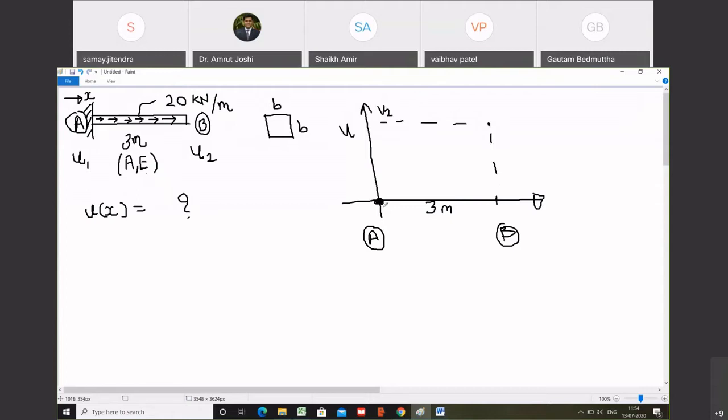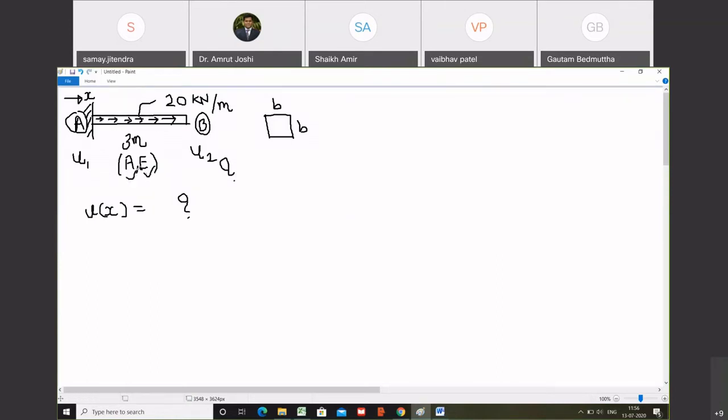The question is, within this length, how does this x directional deformation vary? That means, does it vary linearly? Does it vary parabolically? Does it vary with a curve like this? How does it vary? That is the question that I am asking. E is known, cross-sectional area is known, length is known, and loading is known, and you have been asked to calculate U2 in terms of these known quantities. Are you with me?